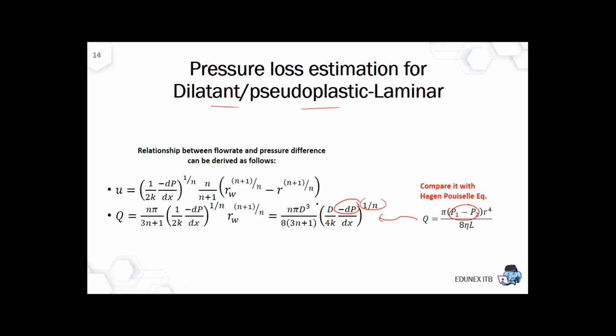When you ask me, sir, where did you get this equation? They got this equation based on experiments. They could not derive it easily, because for any non-Newtonian fluids, the pattern is not like this, like I said to you before.